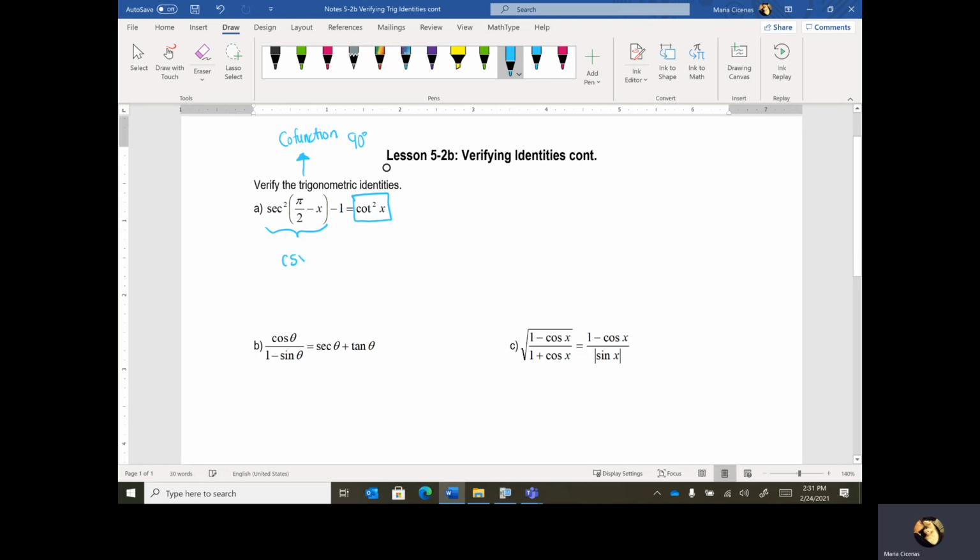So this can become cosecant squared of just x, and then I can bring down the 1 from above, and now that is a Pythagorean identity for cotangent squared of x. So just remembering those other identities can help you get to a solution quickly.